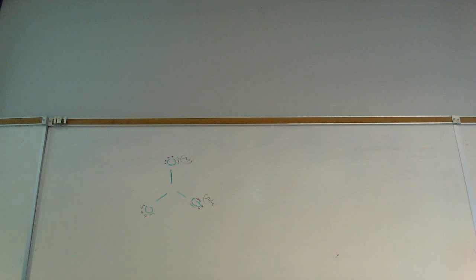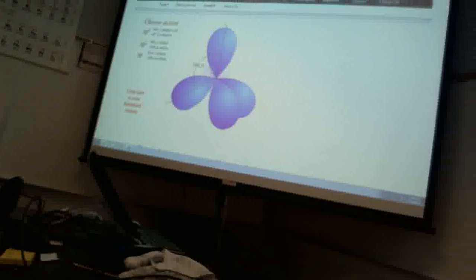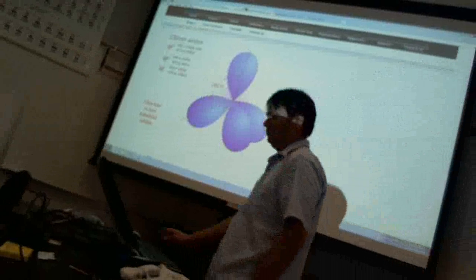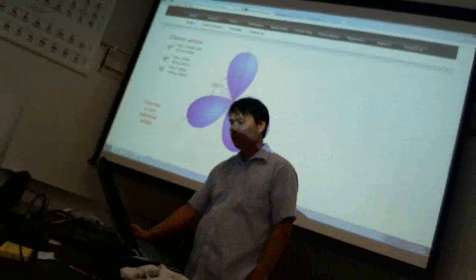And then we have what, sp3. Let's take a look. sp3, there are no more p orbitals left. This is the sp3. Just quick for the camera.